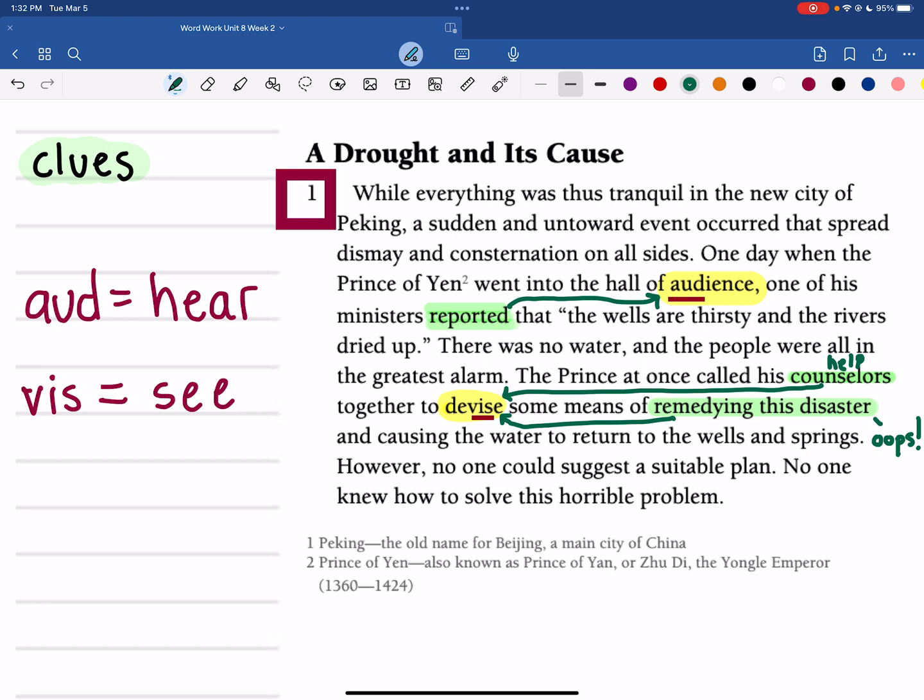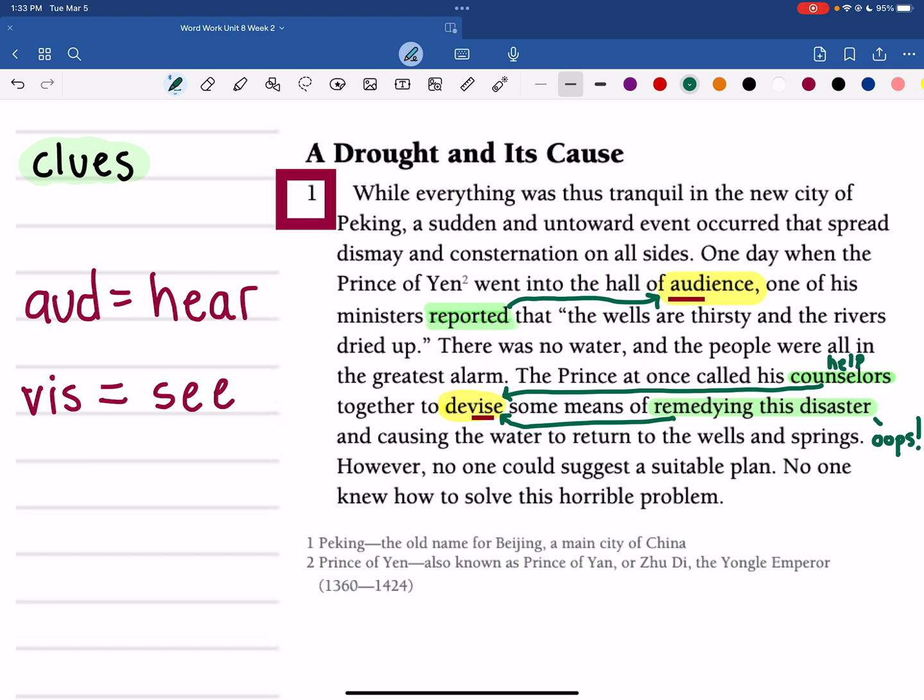Maybe with the help of the counselors, the prince will be able to see a different solution to the problem at hand. So, the word devise here means to help see a solution.